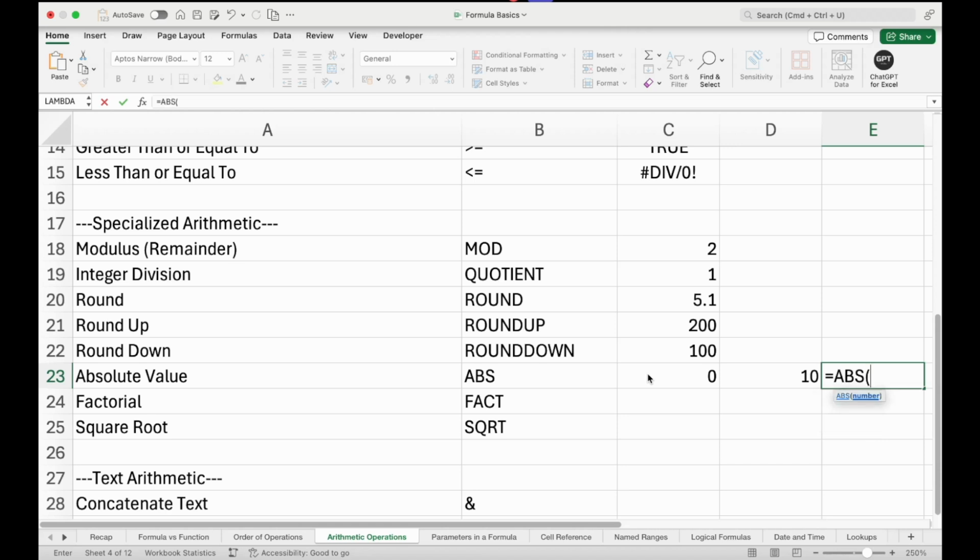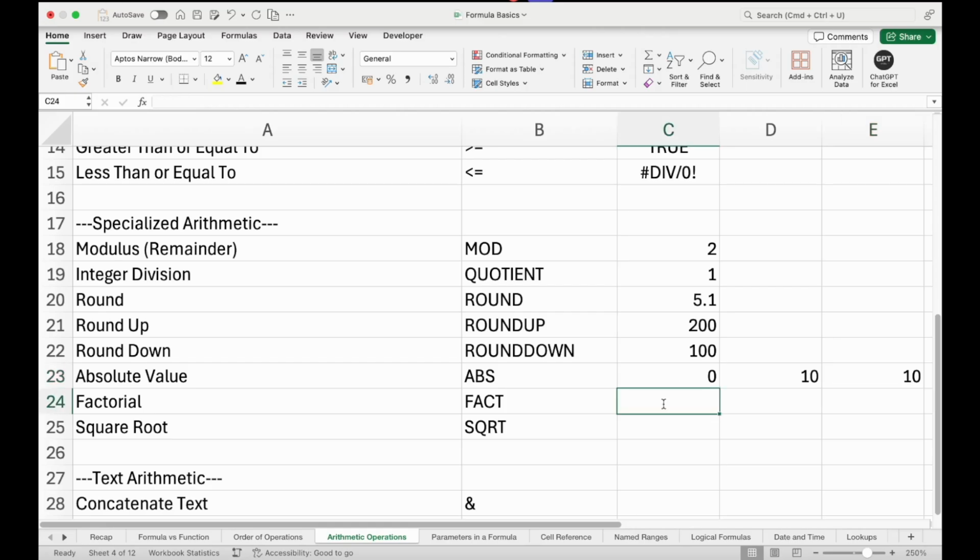Absolute of -10 will become 10. In a lot of cases we require it because we don't want some of the KPIs or metrics to be negative, so it converts that into positive. We will look at those examples when we do exercises.